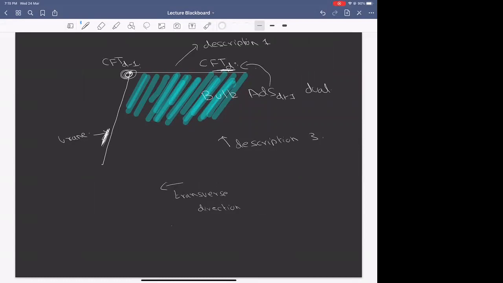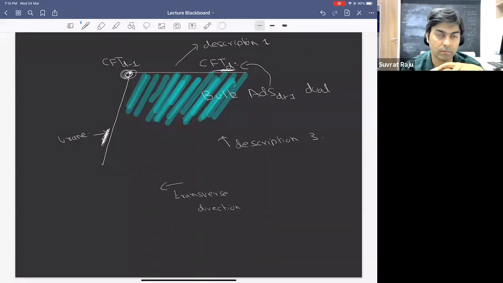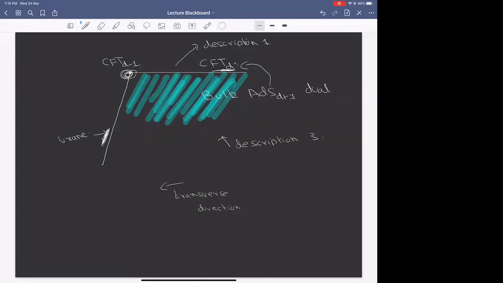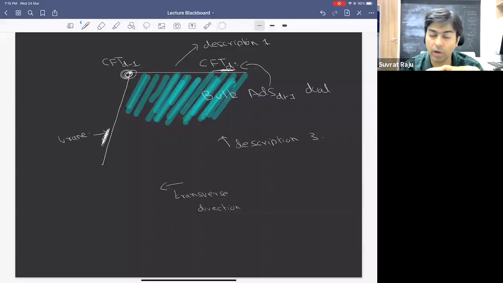No. My question was, this bulk dual in picture 3 can't be seen as a dual of the CFT living on both the bath and the gravity system, which is dual to CFTD -1. This bulk dual in picture 3 is the bulk dual to the CFTD in the bath, and then you have an end of the world brane due to the fact that you have the CFTD -1, right? Sorry, I didn't understand.